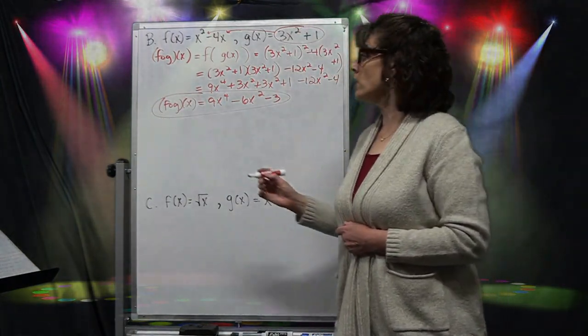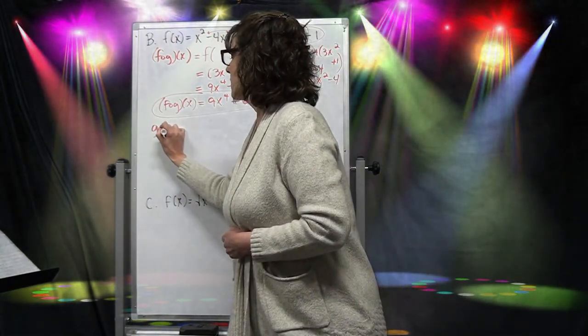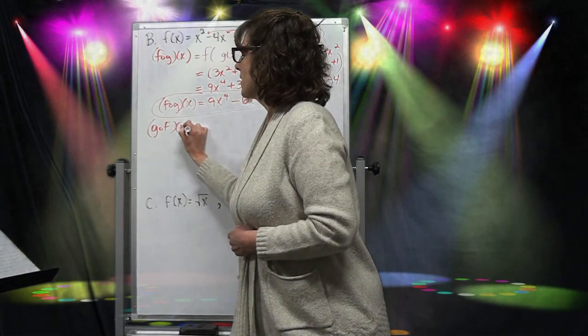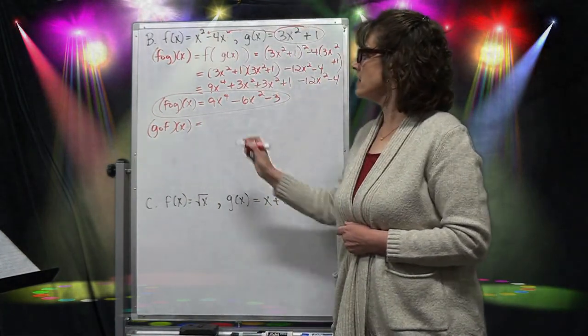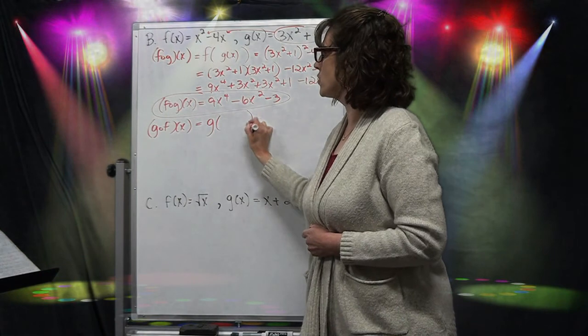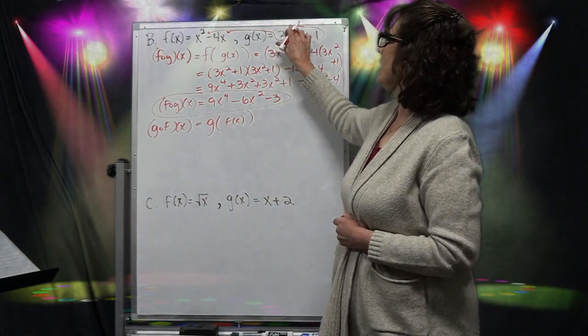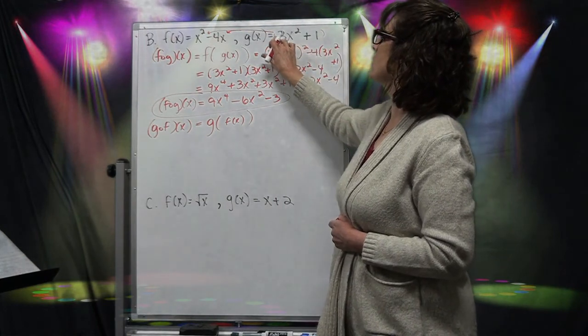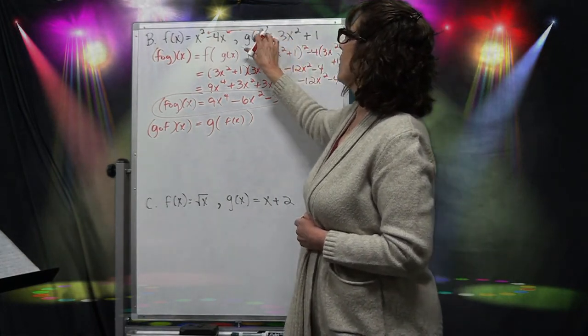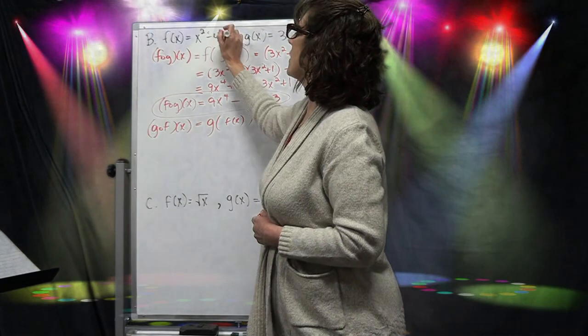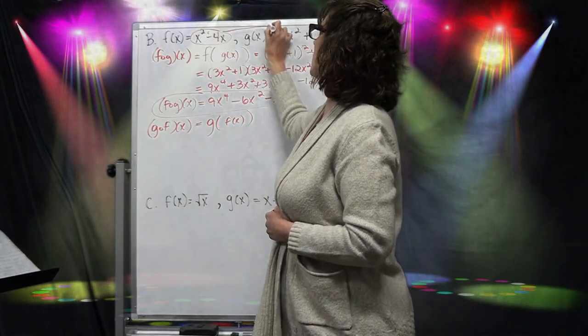And now I'm going to do g of f of x. My g of f. And remember what this indicates is g is now my big function. I'm going to put my f function inside of it. So instead of doing it this way, now what I'm going to do is take this f function here and plug it into the g function.